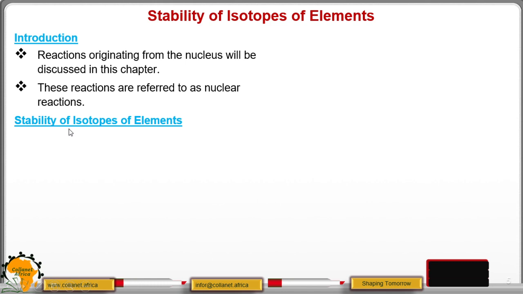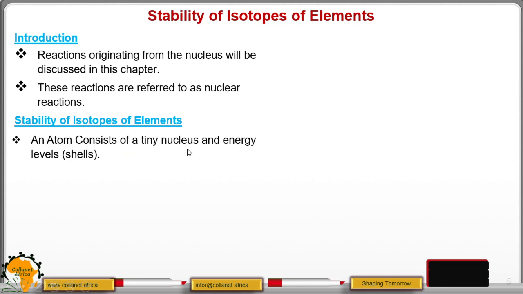Then from there we can look at the stability of isotopes of elements. We start with the composition of an atom. We say that an atom consists of a tiny nucleus, and inside that nucleus we have protons and neutrons, and energy levels, and in the energy levels we have electrons.